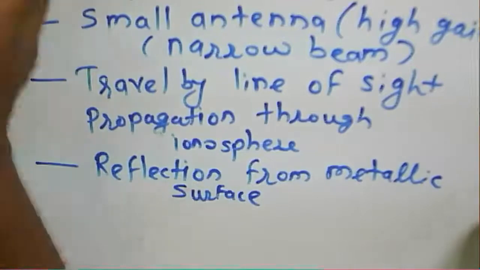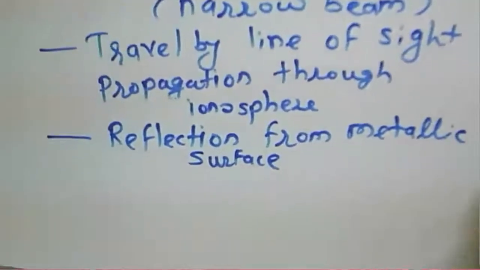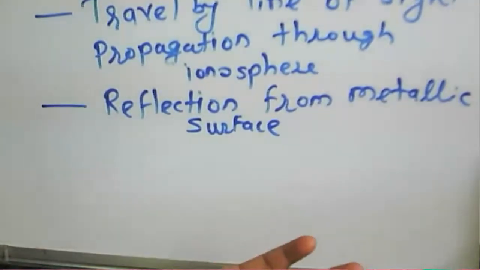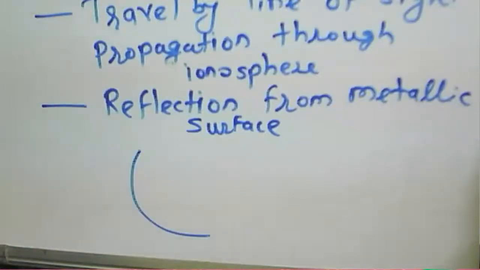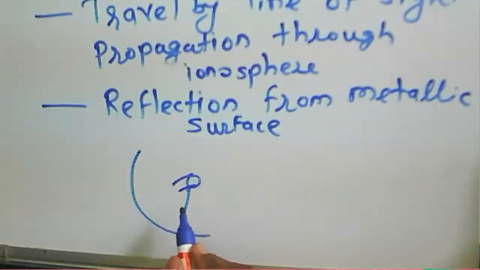So what does reflection from a metallic surface mean? We have the dish TV at your home, which is a parabolic dish, and somewhere there the antenna is present.